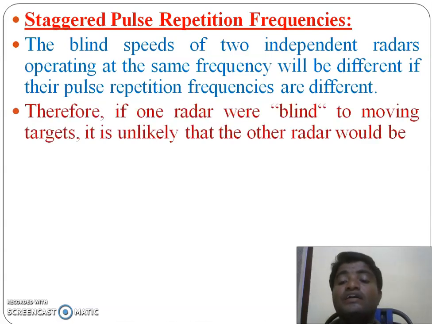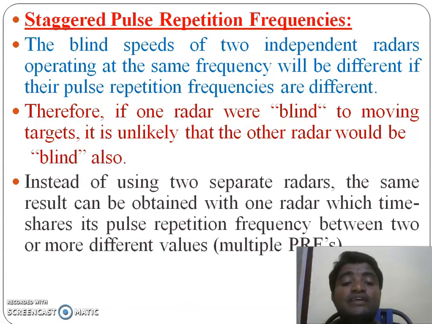Therefore, if one radar is blind to the moving target, the other radar may not be blind. Instead of using two separate radars, the same result is obtained by one radar with two pulse repetition frequencies on a time shared basis. This is called multiple PRFs.